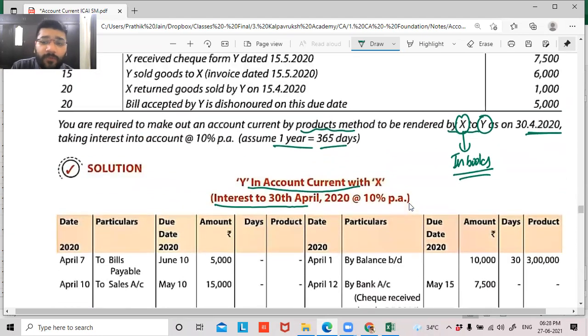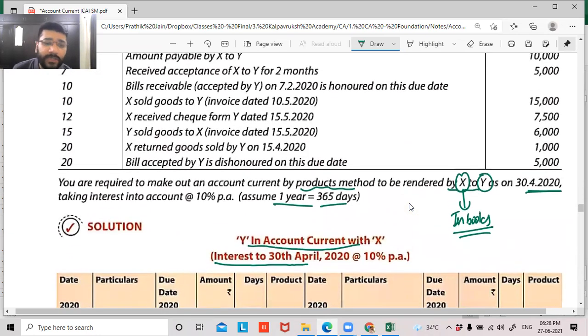Guys, please do with this format. Please prepare this format and tell me once you're ready, I'll proceed forward. It's 15 minutes maximum. We'll be done with this question.